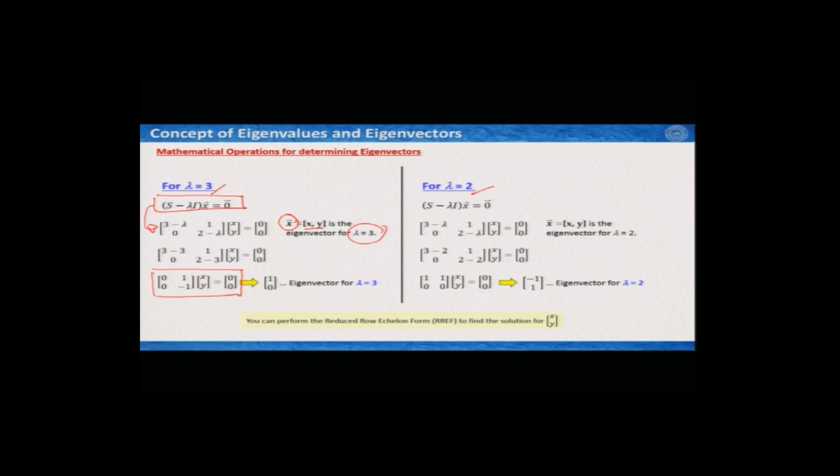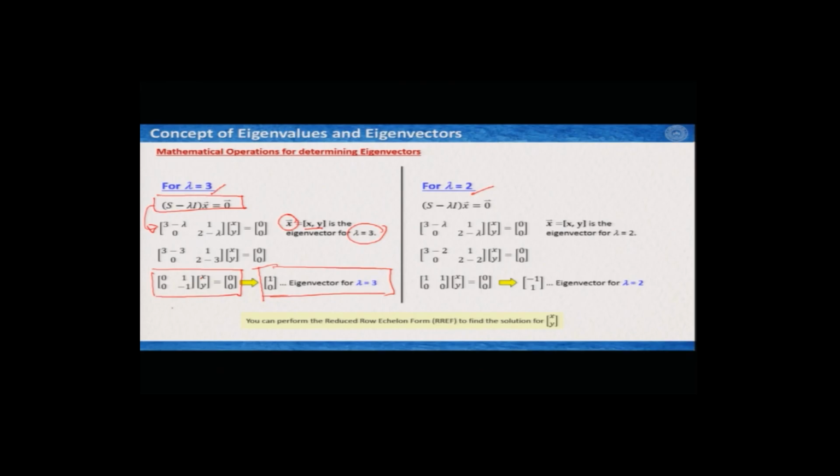Now, if you solve it, it comes to 1 and 0, that is the eigenvector for lambda 3, and if you remember, this is exactly what we had considered. So, you see that mathematically we can derive it; we do not have to draw the curves or plots and so on. Of course, you can do it for better understanding, but otherwise just doing some simple matrix algebra, you can calculate this.